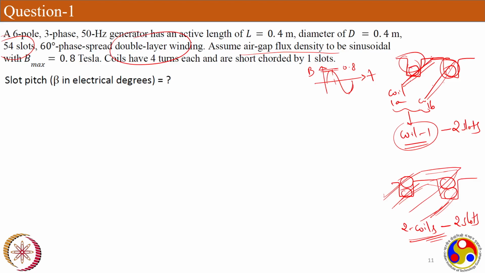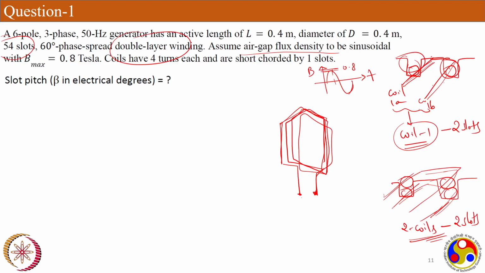If you see this particular coil, I started here. This is one coil side and this is one turn. It is not completed yet. It has 4 turns: second turn, third turn, and fourth turn. Then only it will get completed. So each coil has 4 turns.